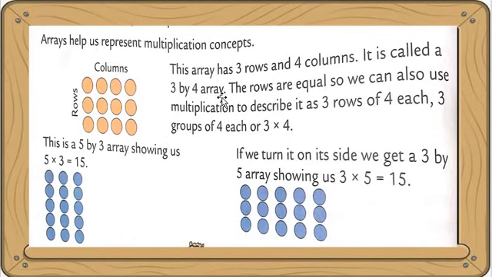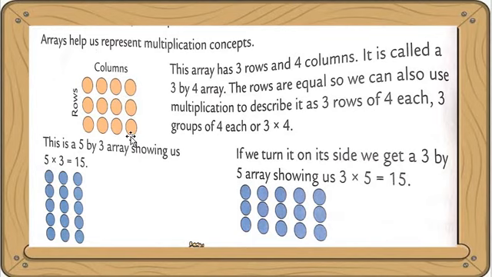What do we call that? It is called a 3 by 4 array. The rows are equal, so we can also use multiplication to describe it: 3 rows of 4 each, 3 groups of 4, or 3 by 4. So see here, 1 2 3 4 5 6 7 8 9 10 11 12.